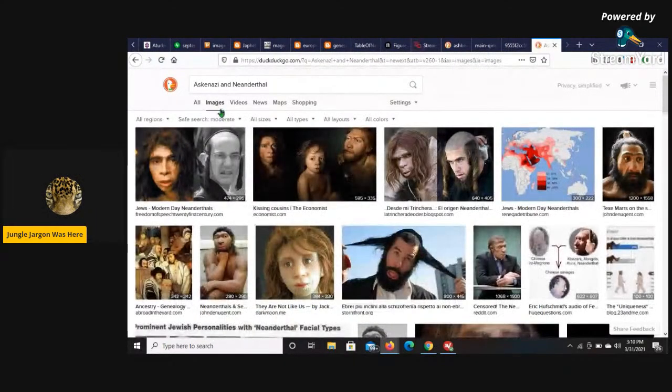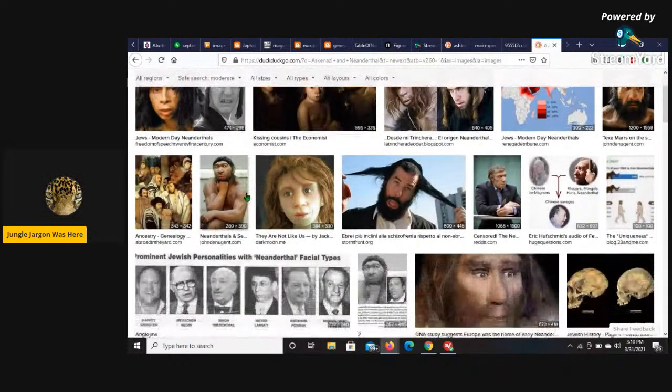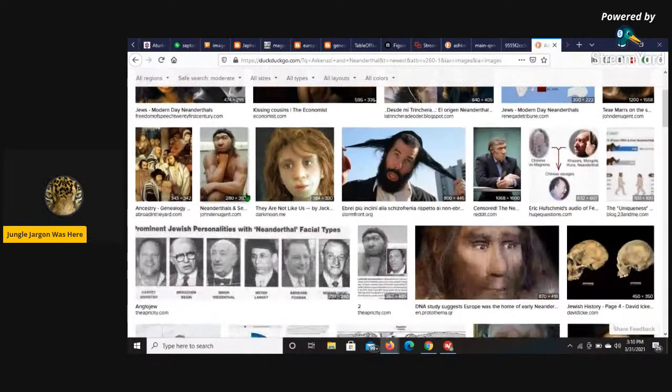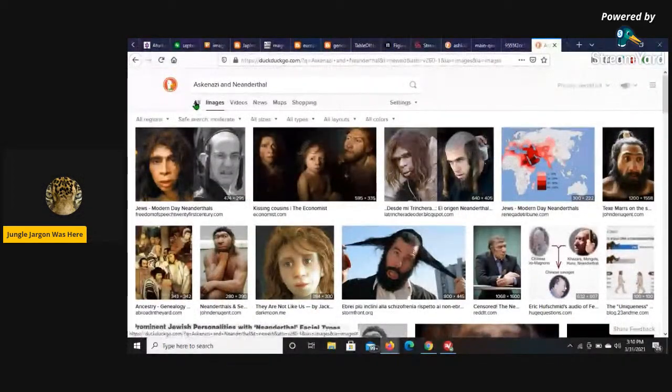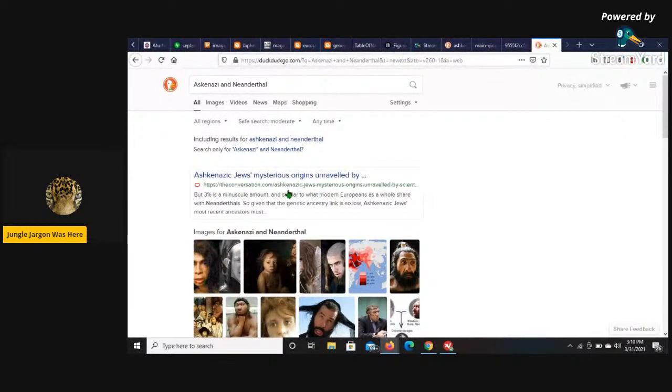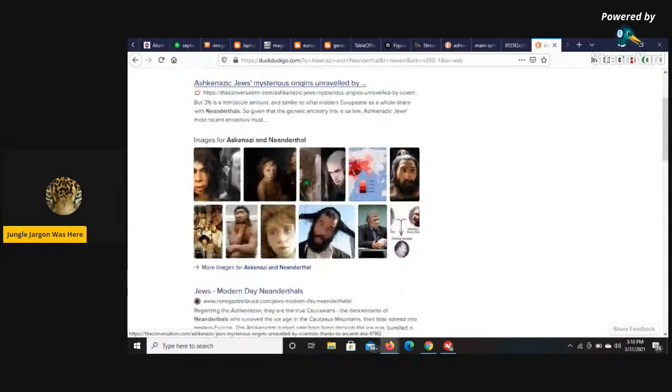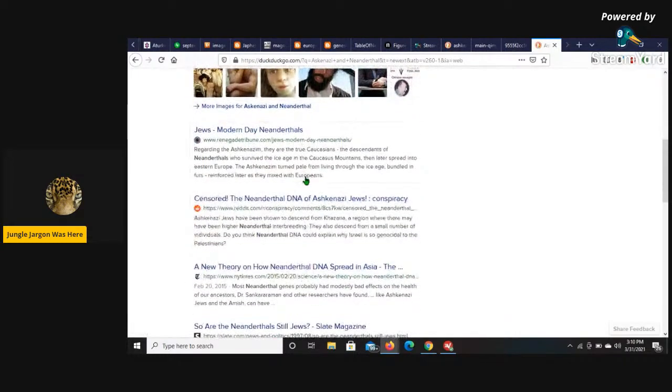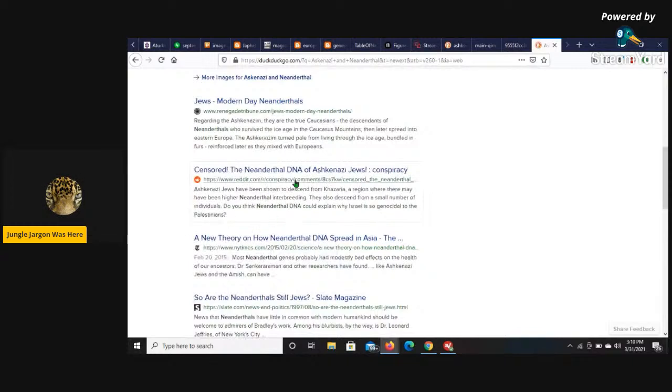So, wait a minute, there's an article. Let's go to the article. Mysterious origins. There was a modern day Neanderthals conspiracy. There is a connection, but it's not a strong connection.